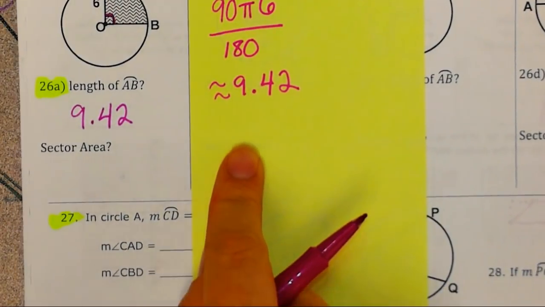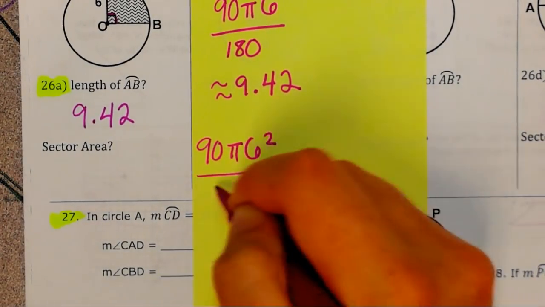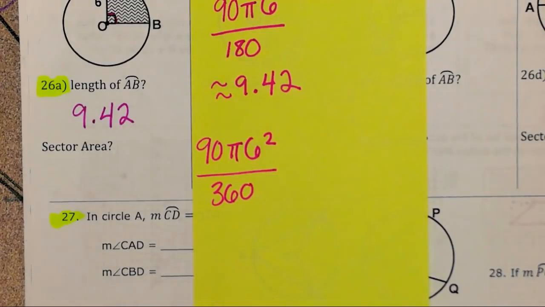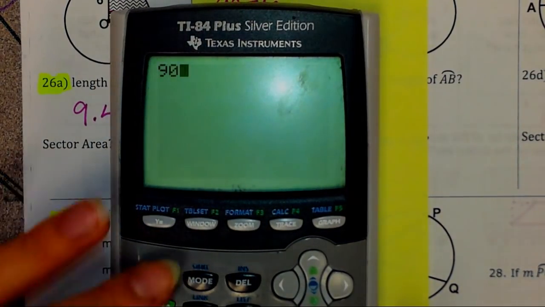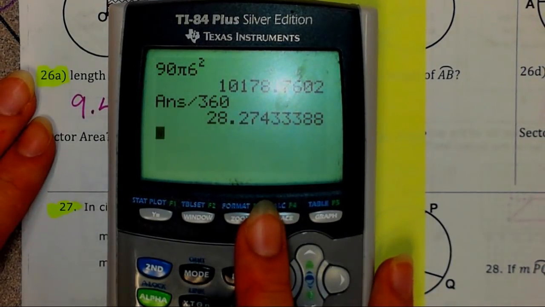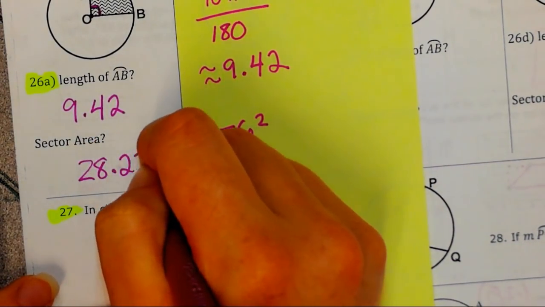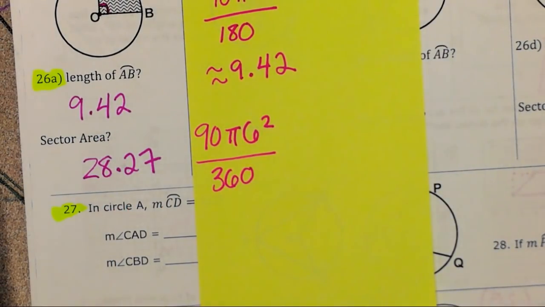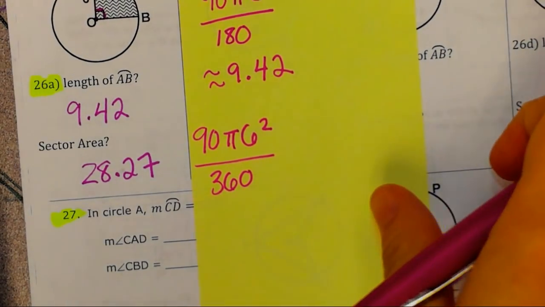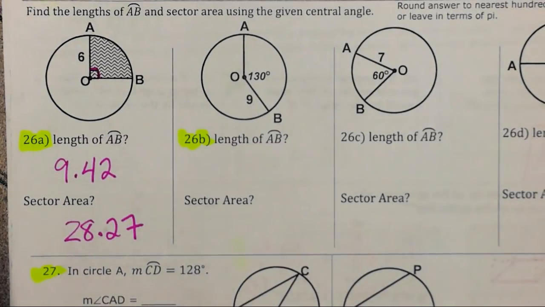And then for sector area, we would have 90 pi 6 squared over 360, and that gives us about 28.27. Okay, so I'll do one more example. We've got 26b.